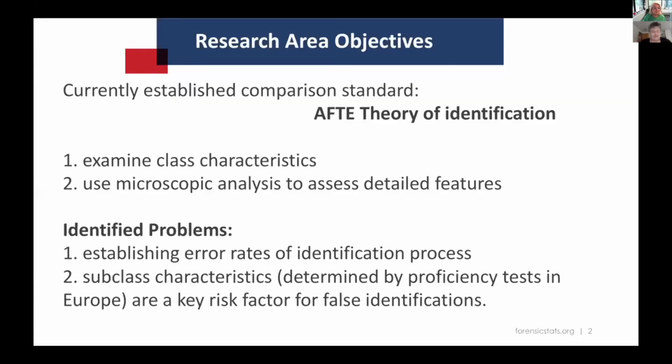For firearms and toolmarks examination, the currently established comparison standard is given by the AFTE theory of identification. And very, very roughly summarized, that means that firearms examiners first examine class characteristics of a pair of evidence. And then if those class characteristics do not disagree, there's going to be a microscopic analysis, usually on a comparison microscope, to assess detailed features for similarity or dissimilarity.